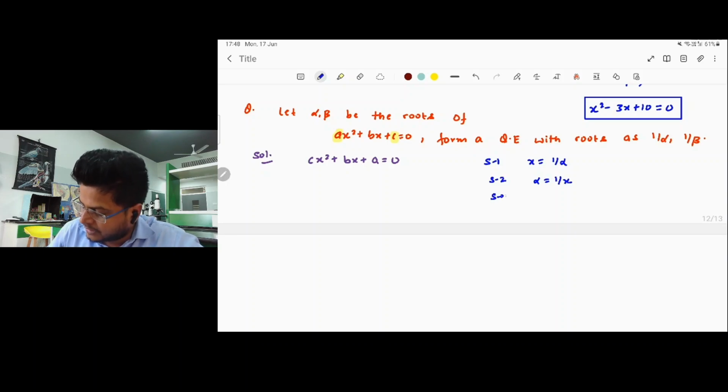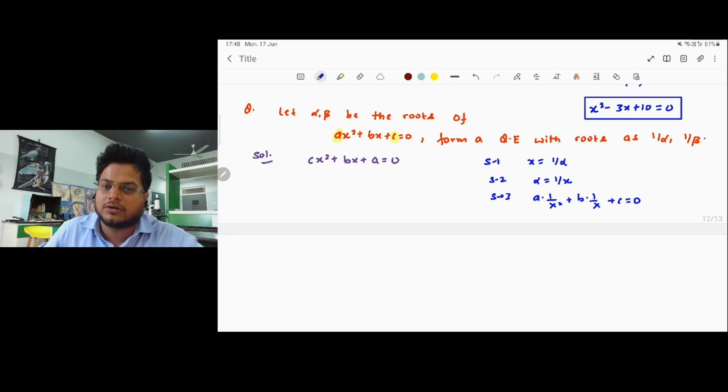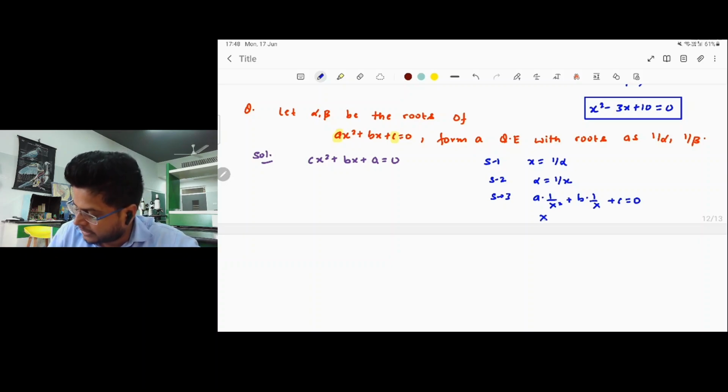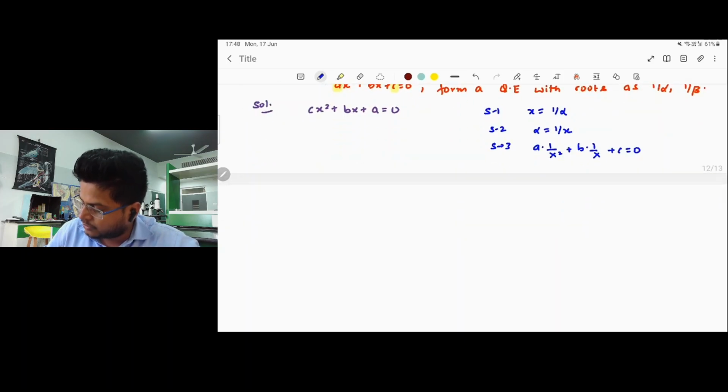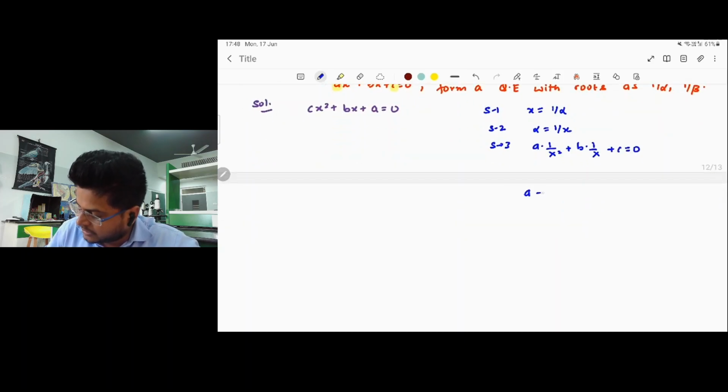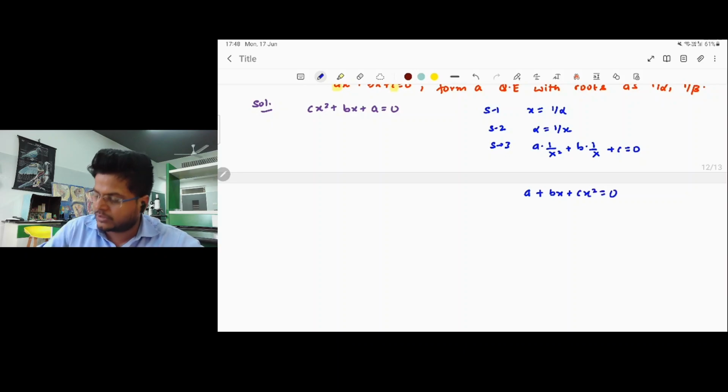Step 3, in the original equation, replace x with 1 by x. So you got a into 1 by x square, plus b into 1 by x, plus c equals 0. You multiply both the sides by x square. So what you'll be getting? a plus bx plus cx square equals 0. And you can see that exactly the same answer I have written, isn't it?